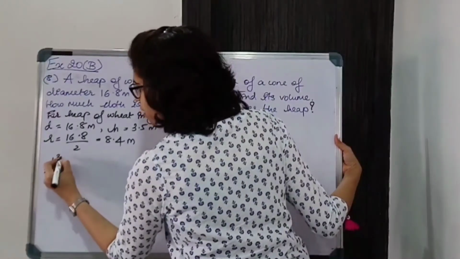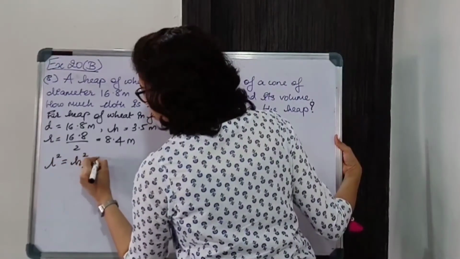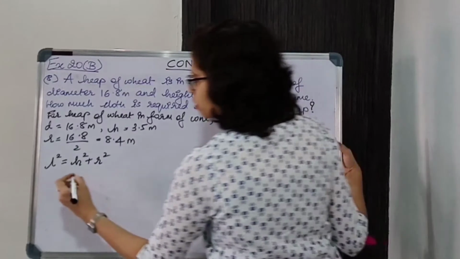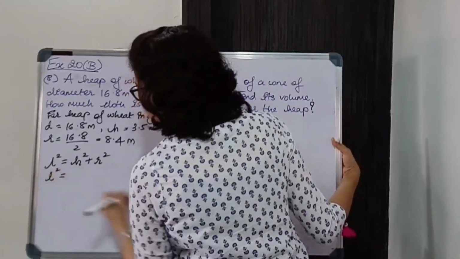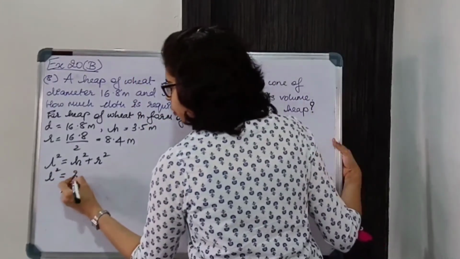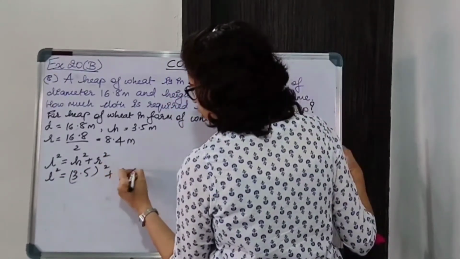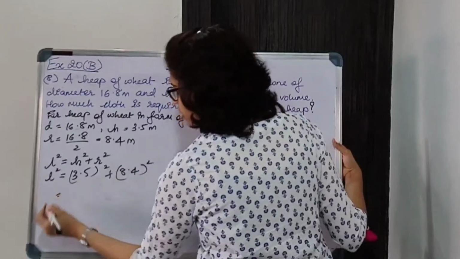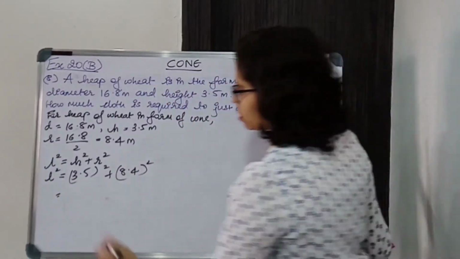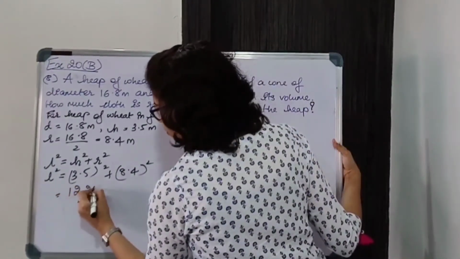Now we know L square is equal to H square plus R square. Okay, so H square will be 3.5 square and R square हो जाएगा 8.4 square. 35 का square is 1225.